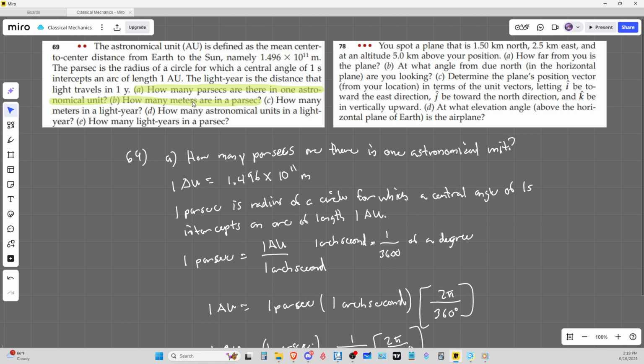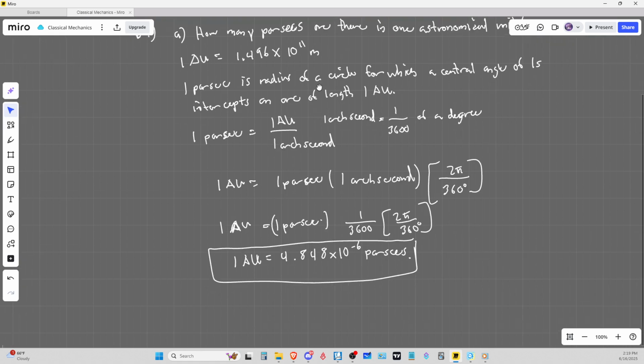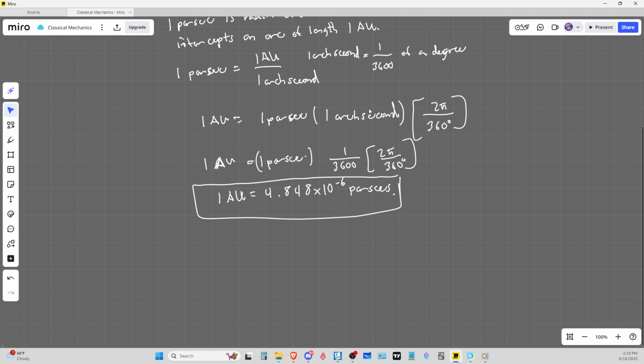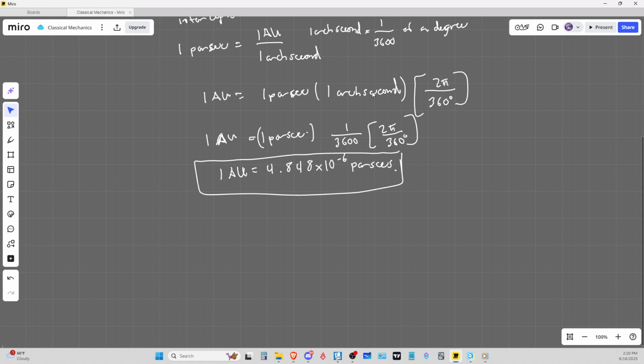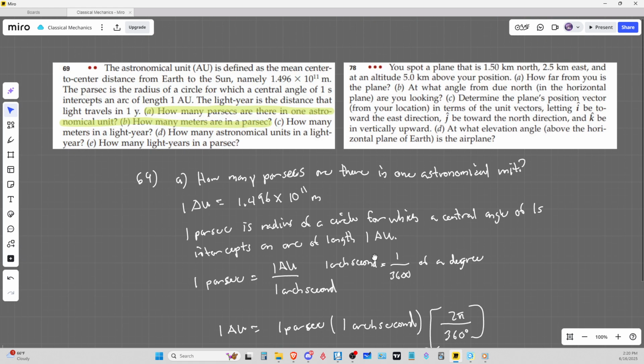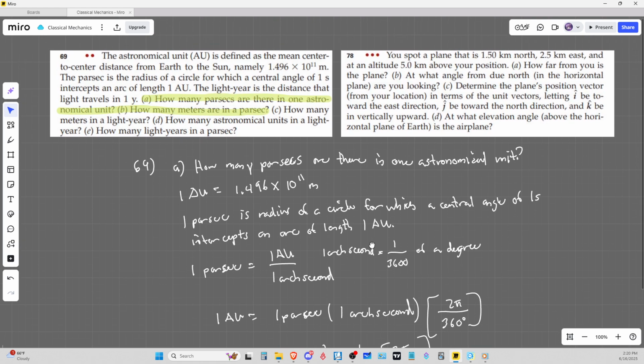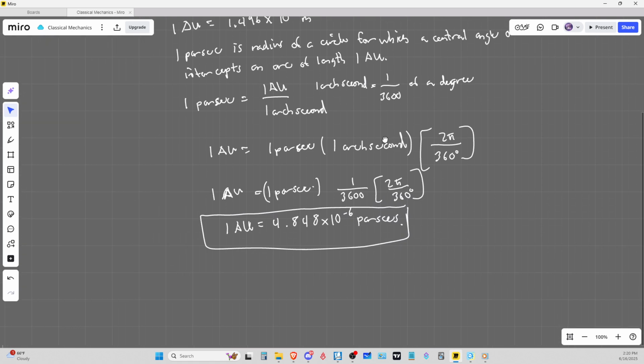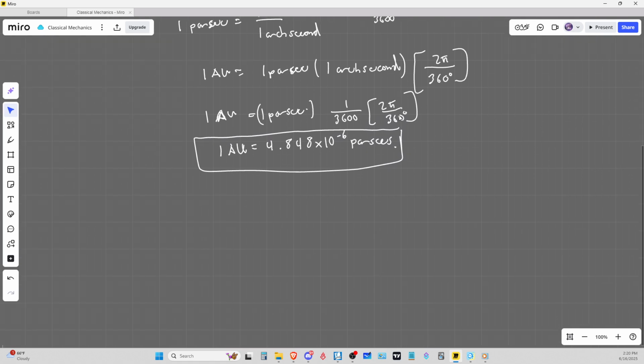So how many meters are in a parsec? Well, let's see. I think we could probably work backwards, because an AU was like 1.496.